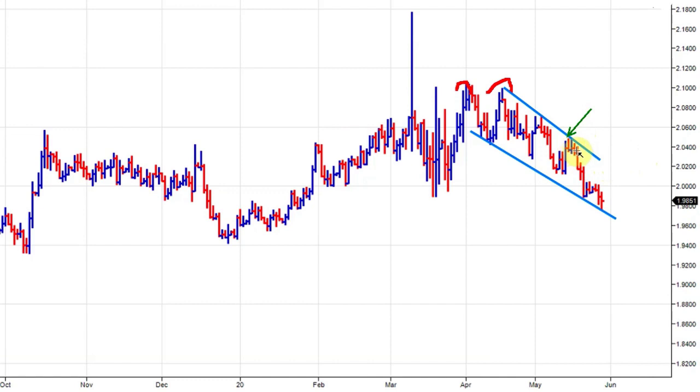And you can see ultimately this went below 200, and we took our profits at 199.55, some 385 pips lower. And frankly, I see that there's more to the downside here.